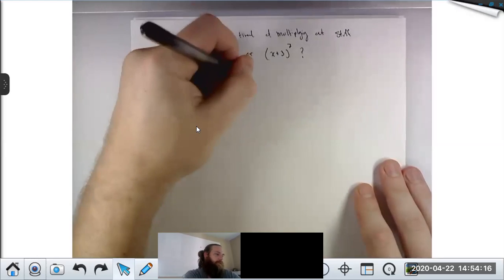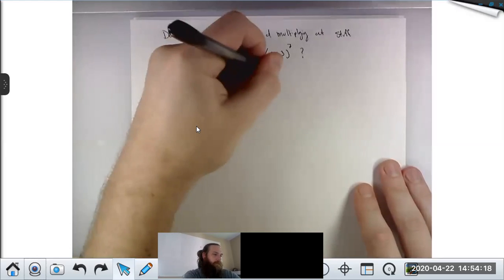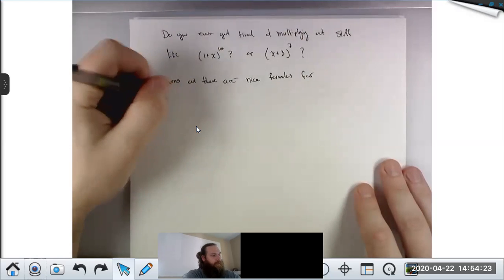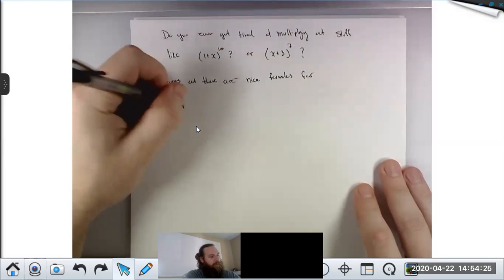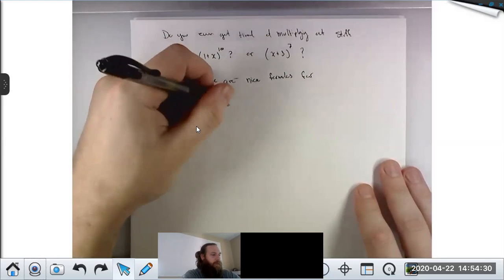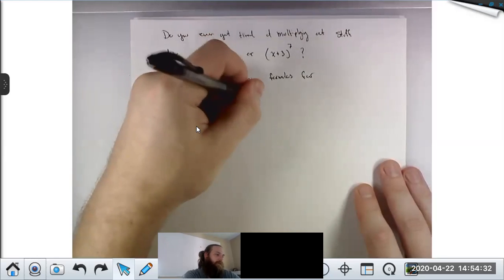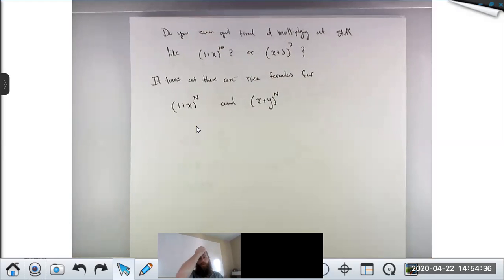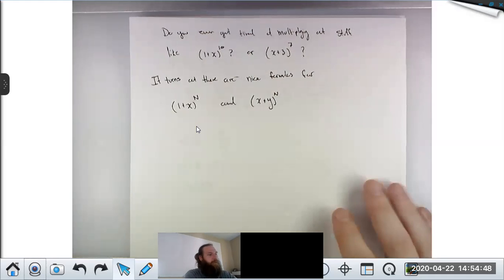Turns out there are nice formulas for this. For things like 1 plus x to the capital N, and even things like x plus y to the capital N. Those things are binomials, right? 1 plus x or x plus y, those are binomials. And when you want to raise a binomial to a large power, you can use what's called the binomial theorem.